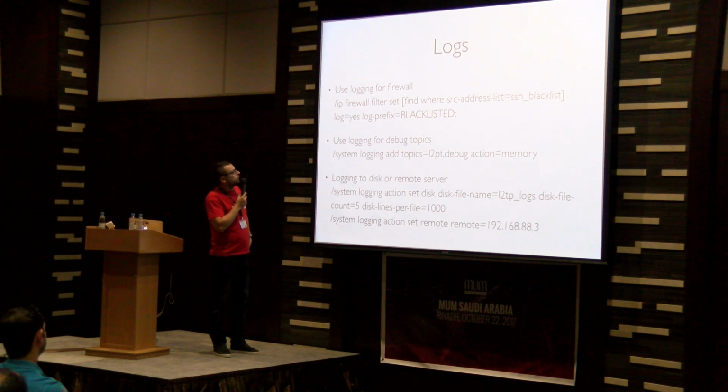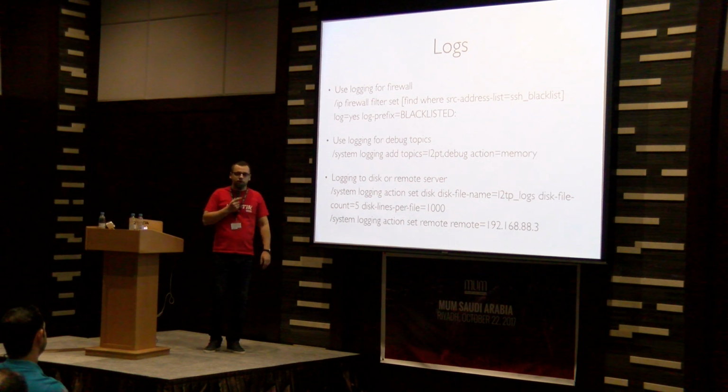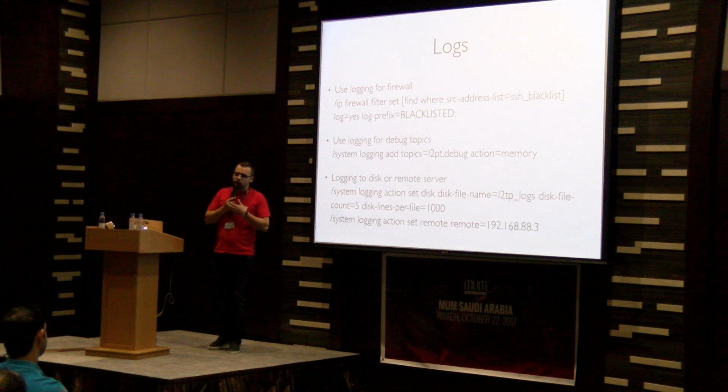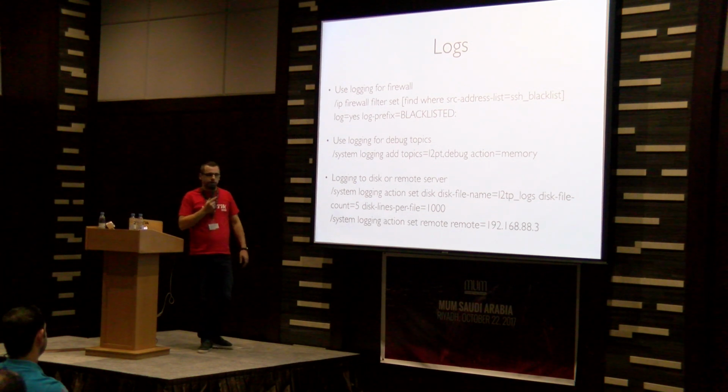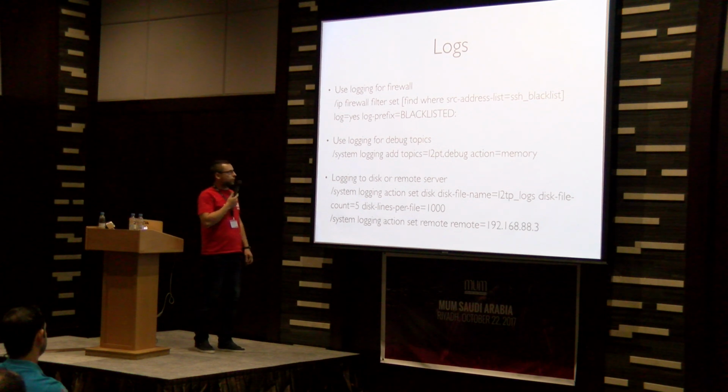I can now set the log checkbox to yes on this blacklist firewall rule. And what will happen now? I will see in the log every time this rule works, and we'll see which IP address was added to the address list and so on, and I will be able to trace the attacker more easily.